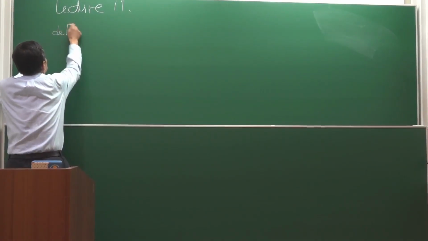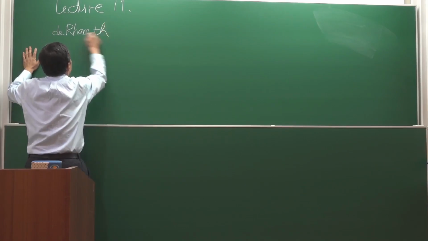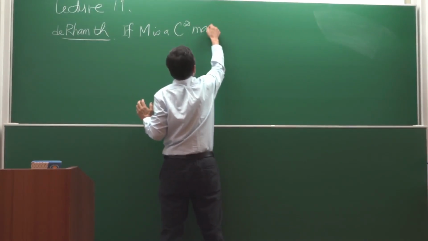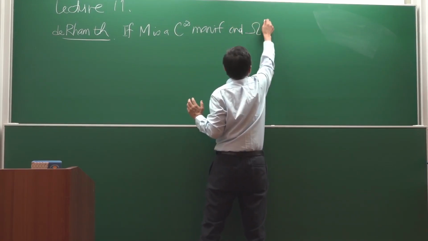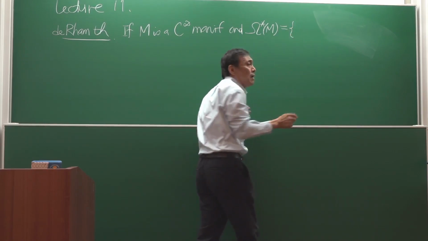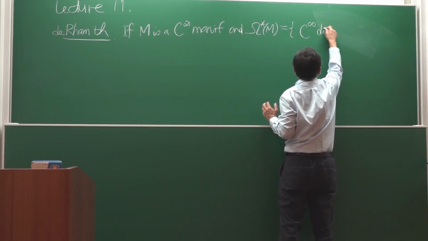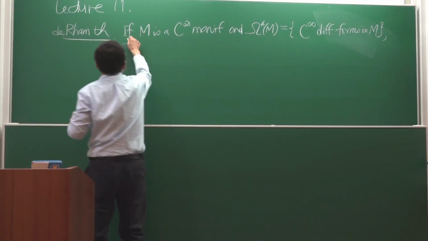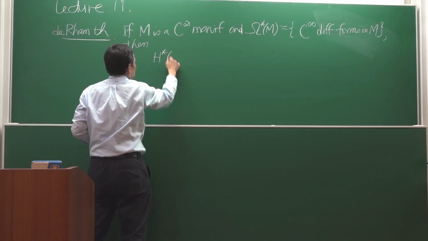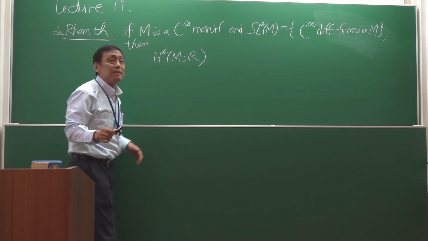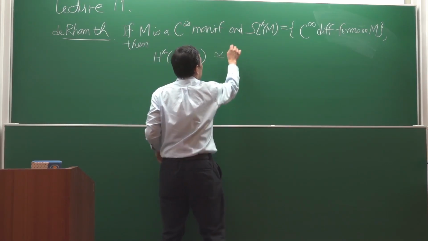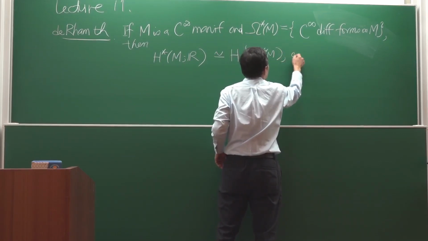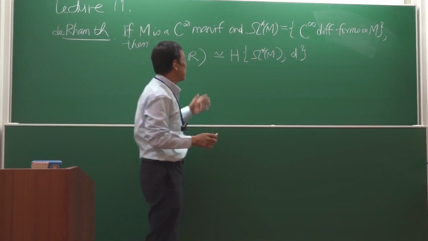The de Rham Theorem says that if you have a C infinity manifold M, and omega is the complex of differential forms, C infinity differential forms on M, then the singular cohomology of M with real coefficients can be calculated from this complex of differential forms, using the exterior derivative as the differential.